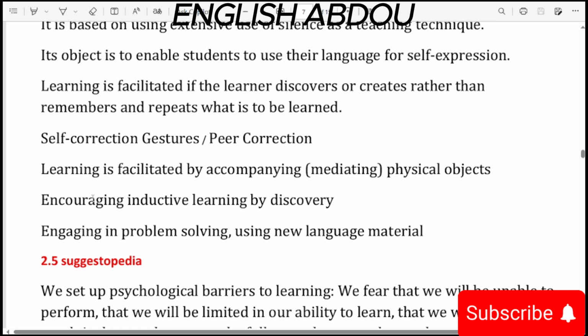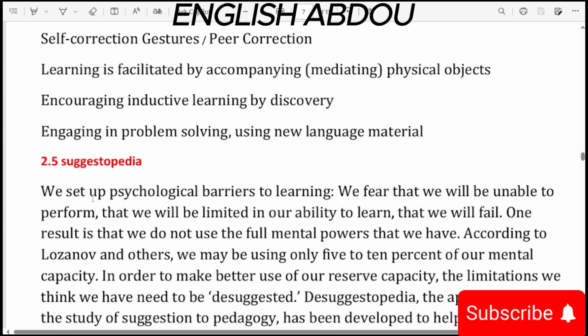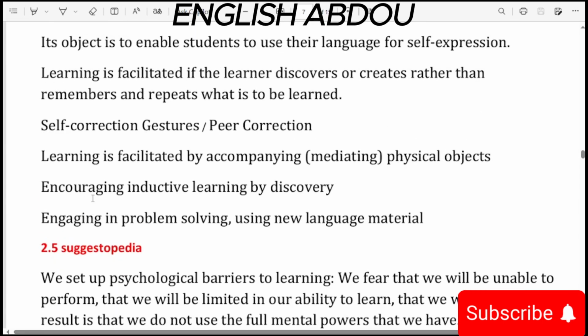So all of them are based on induction, engaging in problem solving, using new language material, etc. The problem of this method is that we cannot apply it in our public schools because we have a lot of students.